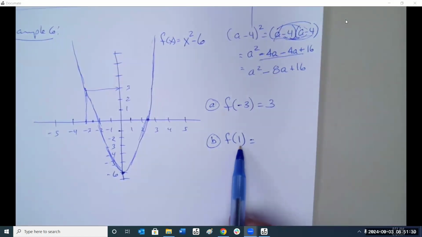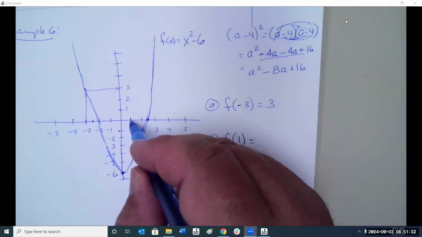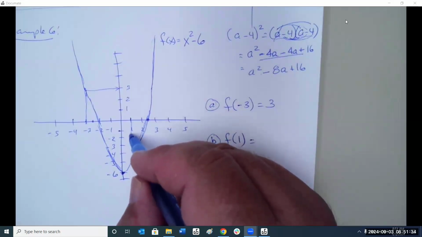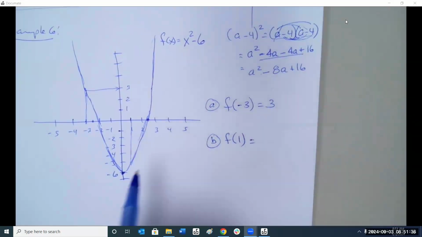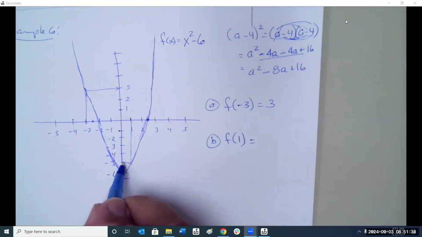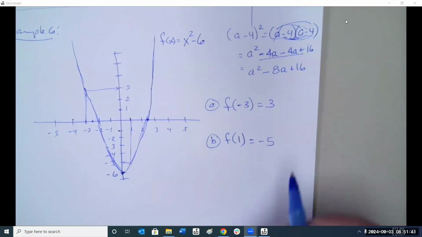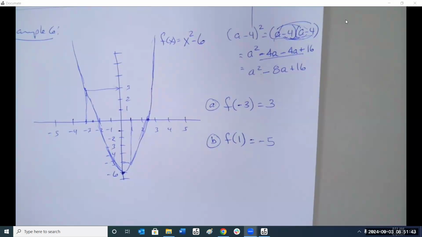So do the same thing here. When x is 1, go from 1 to where the graph is. And then we're looking for the y value. So it's negative 5. You know, if you have the graph, you don't need the function. The graph tells you everything you need to know.